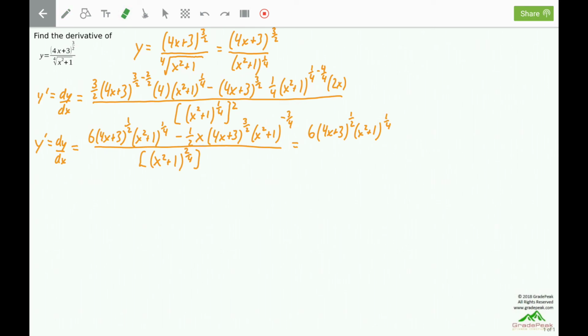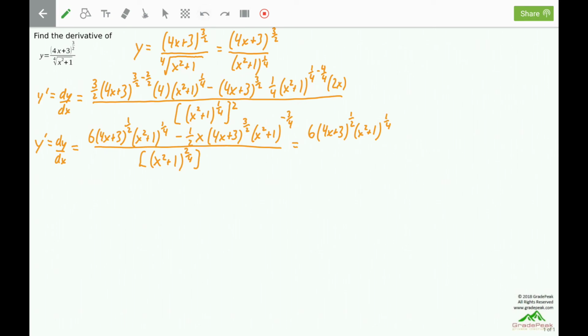minus, and then with the second term I'm going to rewrite it where I move this negative exponent into the denominator, which is going to put it with the 2 that's down in the denominator from the 1/2 in the front there. And the numerator will be made up of these three things, so 1 times an x times the (4x plus 3) to the 3 halves.